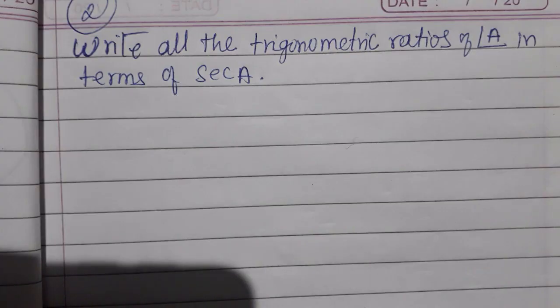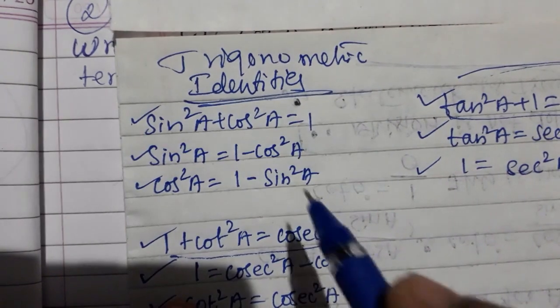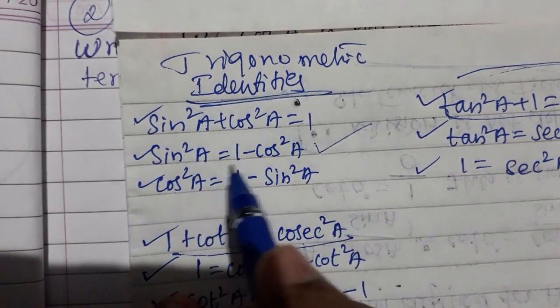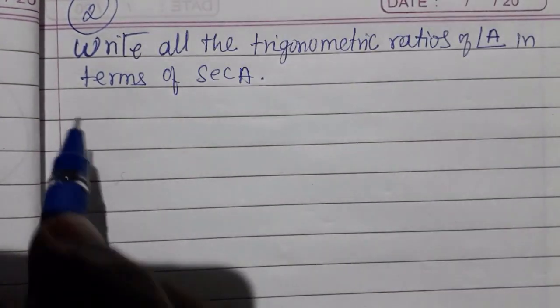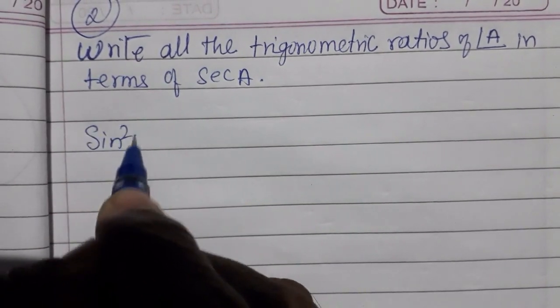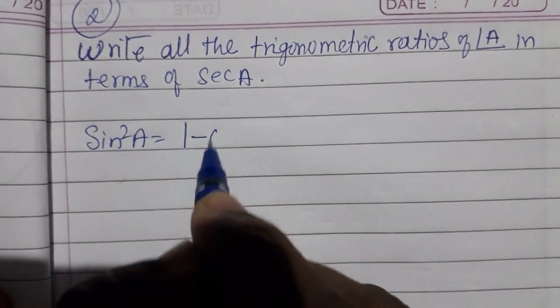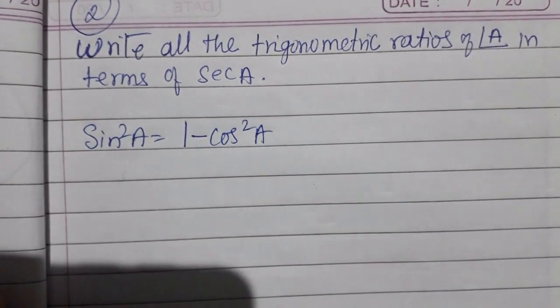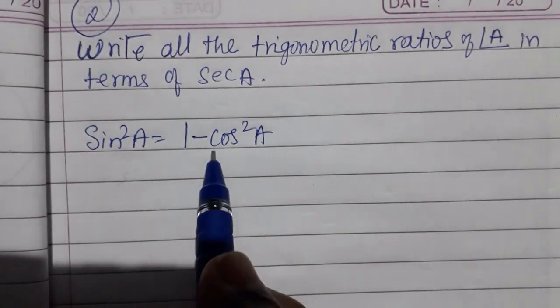Write all the trigonometric ratios of angle A in terms of secant A. So first I'll select one identity for sine: sine square A is equal to 1 minus cos square A. Now what is this cos square A?